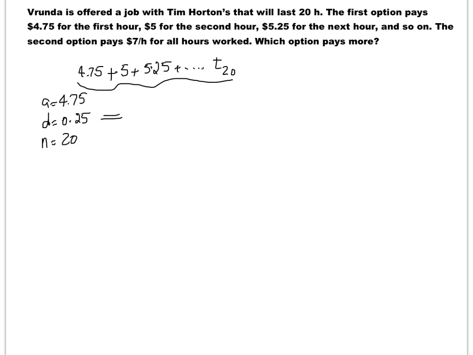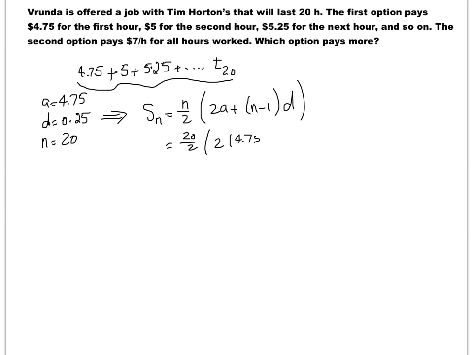So this one, since we are dealing with the arithmetic series, we have to use the formula, which is Sn is n over 2 times 2a plus n minus 1 times d. n is 20, 2 times a, which is 4.75, plus d is 0.25 times n minus 1, which is 20 minus 1.